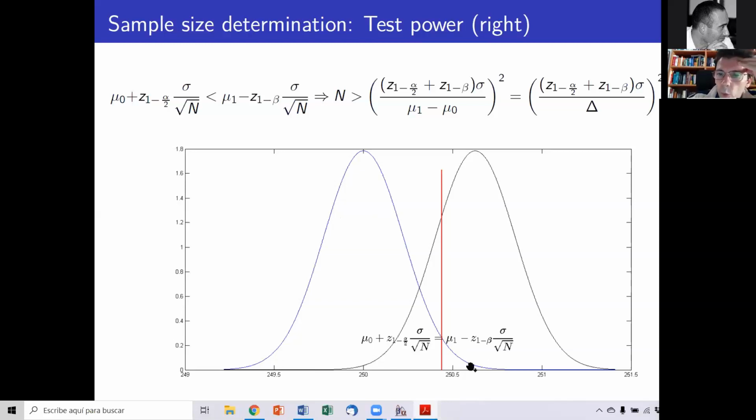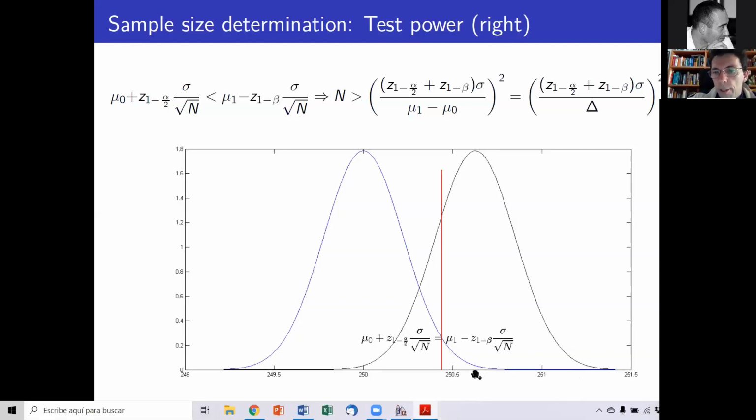If I see 250.6, this 250.6 is rather unlikely if the null hypothesis is true. That is why I reject the null hypothesis. But let's say now that the true state of affairs is that the true mean is really 250.6. So then this would be the normal values, the standard values that I should see from my experiment.